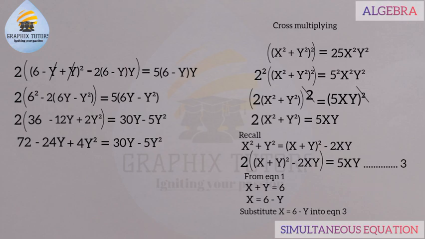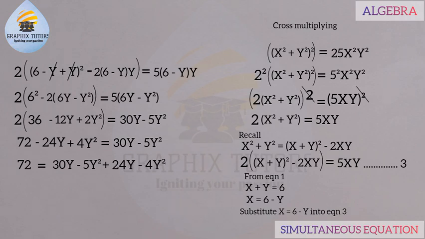Now we'll collect like terms. 72 will now be equals to, I'll take every other variable or figure to the right hand side. So we'll be having 30y minus 5y squared. If 24y is coming to that side, it will become positive, so we're having plus 24y, minus 4y squared.